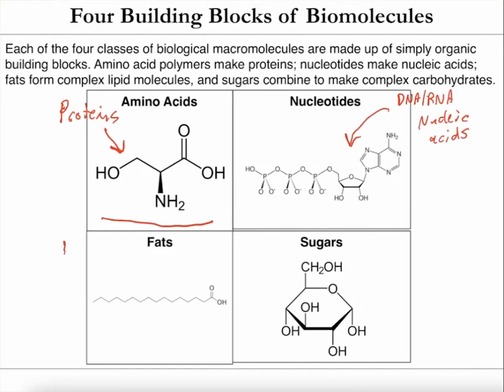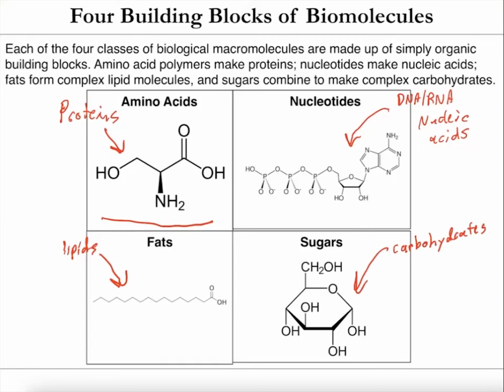Now, lipids are a little bit more complicated, but in general, lipids are either these fat molecules or they're made up of fat molecules, which are depicted right here. And then complex carbohydrates, which basically means carbohydrate polymers, are made up of individual sugar molecules like shown right here.